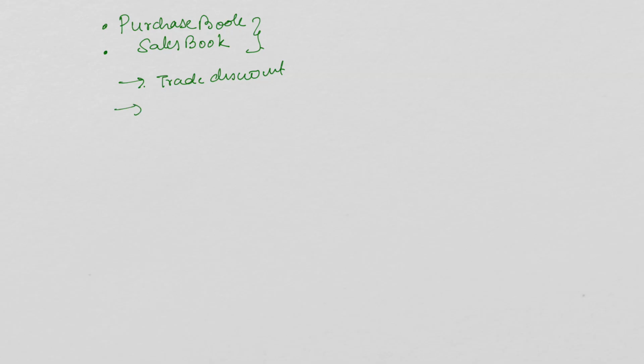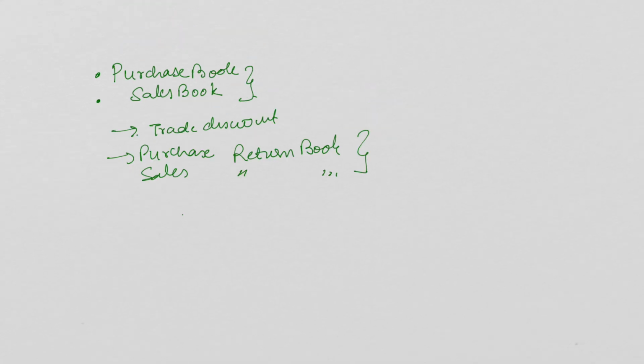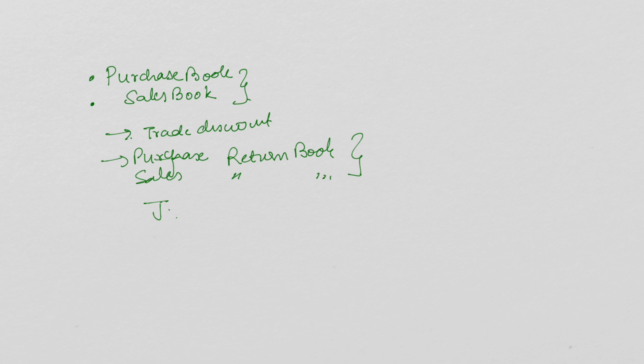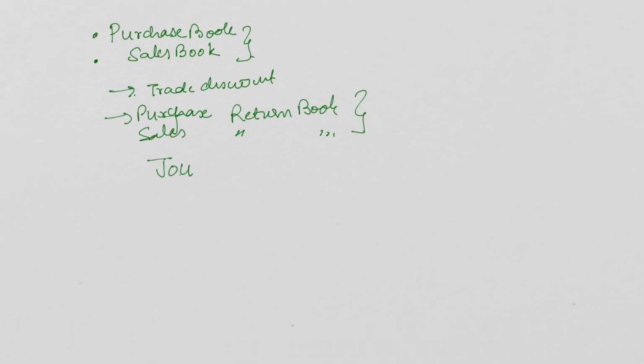We also studied purchase return book as well as sales return book, along with the importance of debit notes and credit notes as documentary evidence. Finally, we understood the role of journal proper, which records all those transactions that do not fit into any other subsidiary books, such as opening entries, adjustment entries, rectification entries, and transfer entries.